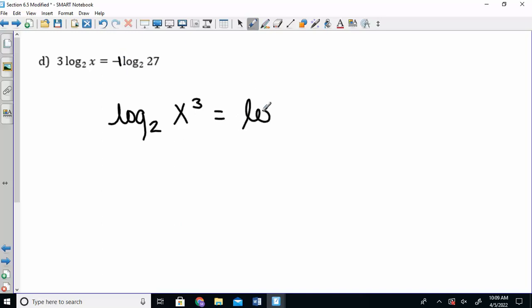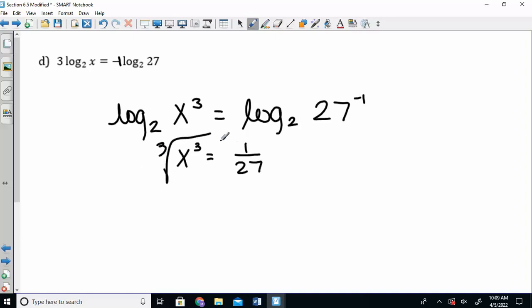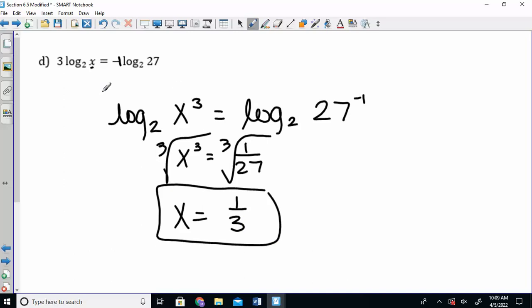So that means this exponent is a negative 1. So now we can drop the log. So we have x cubed equals, what is 27 to the negative 1? 1/27. And then how do you get rid of a cube? Good. And we double check that the argument is positive, so we're good.